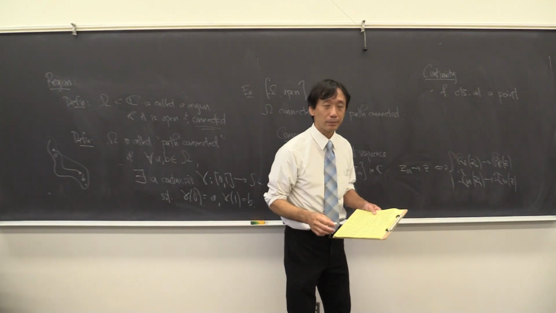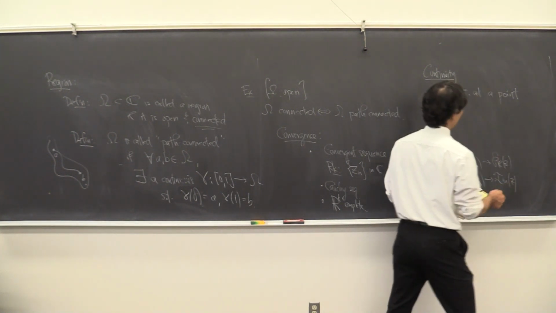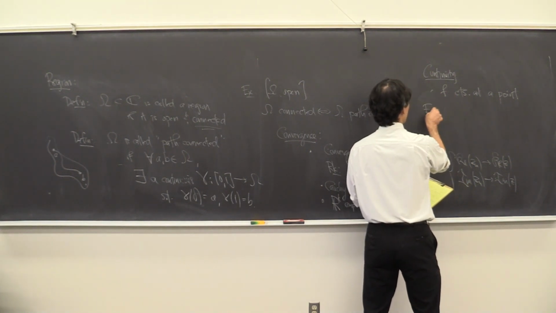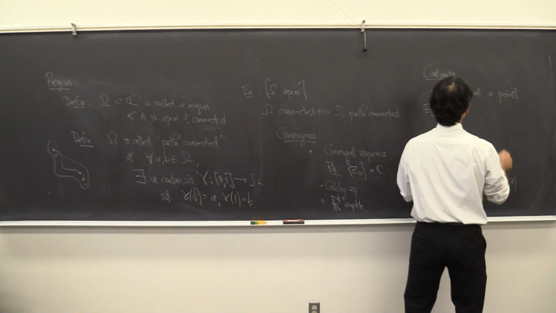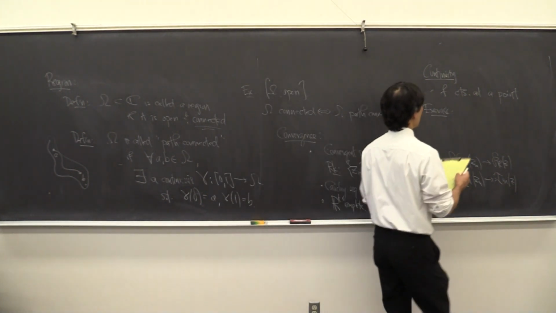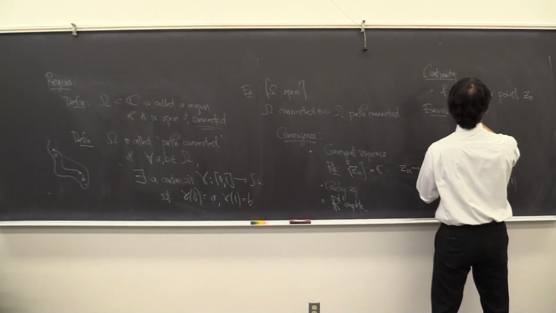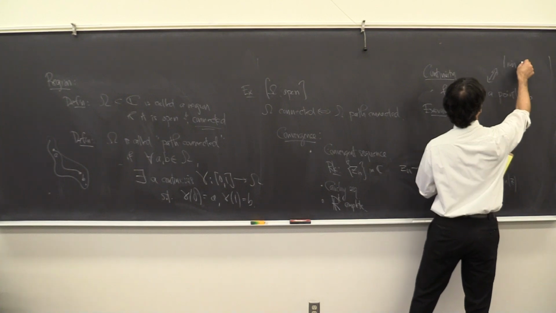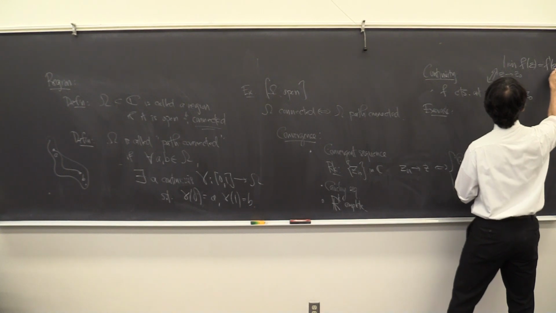That's the typical epsilon delta definition, and it's an exercise to see that this is equivalent to saying that being continuous at a point is the same thing as saying that the limit of f of z as z approaches z naught is f of z naught.